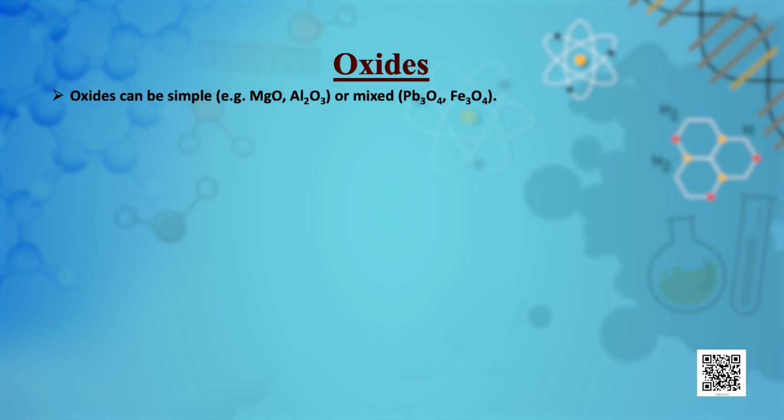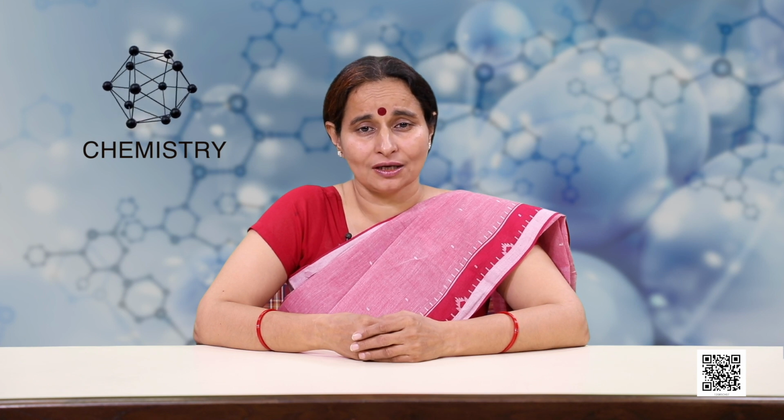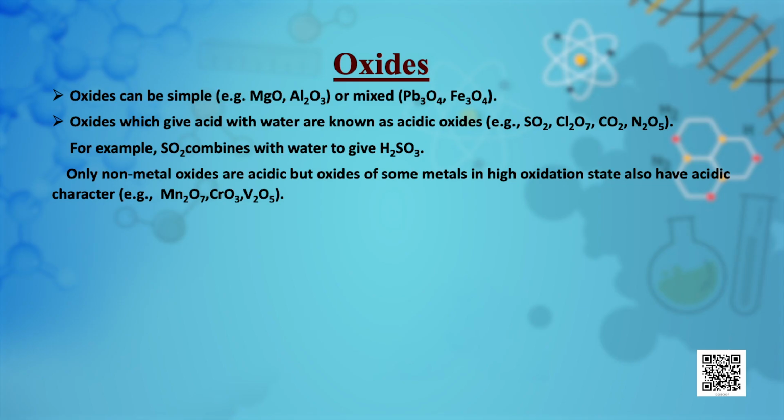Oxides can be simple, for example, magnesium oxide, aluminum oxide, or can be mixed like oxides of lead and oxides of iron. Simple oxides can be classified on the basis of their acidic, basic or amphoteric character. The oxides which give acid with water are known as acidic oxides. For example, sulfur dioxide, carbon dioxide.